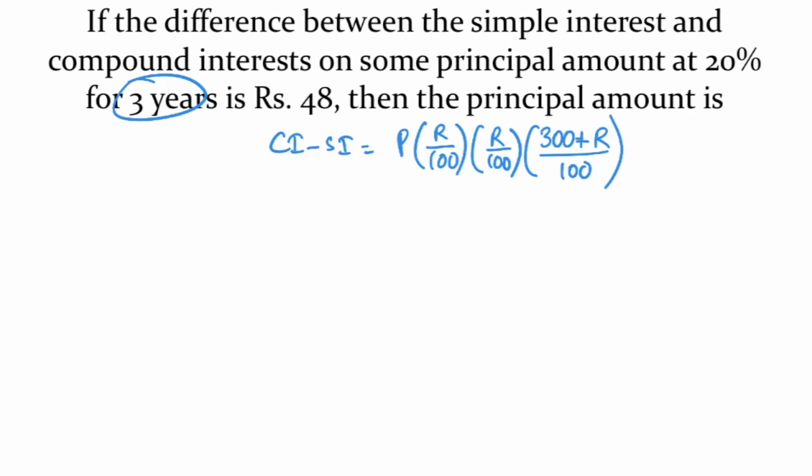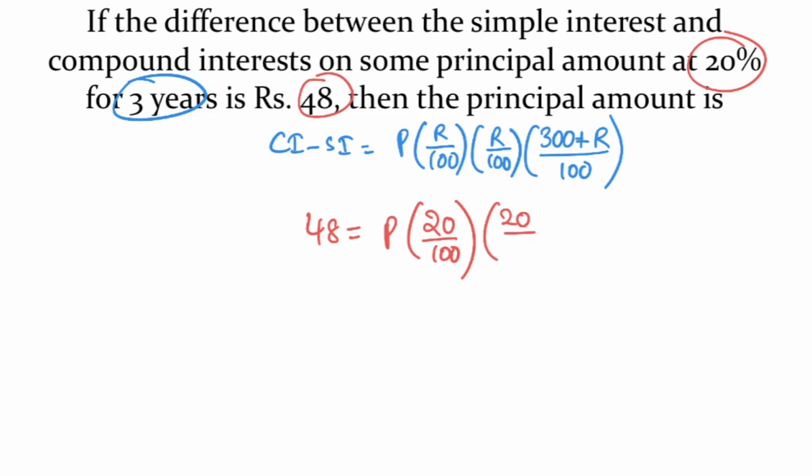Now the difference is 48, which is equal to P required into the rate of interest 20%. So 20 by 100 into 20 by 100 into 300 plus 20, 320 divided by 100.